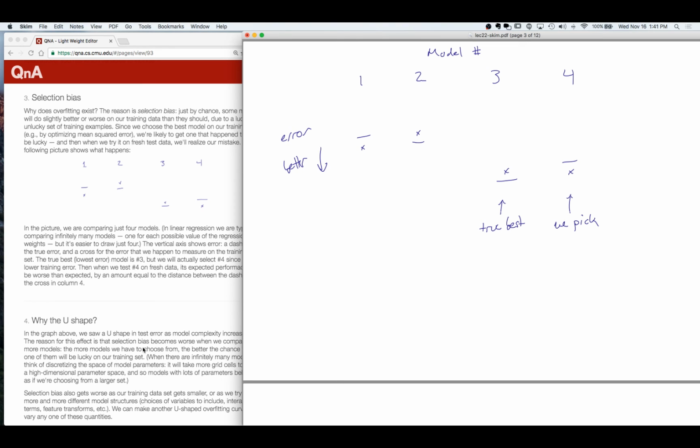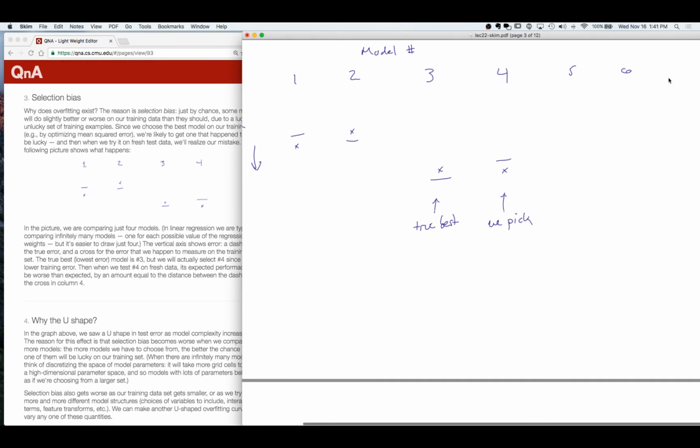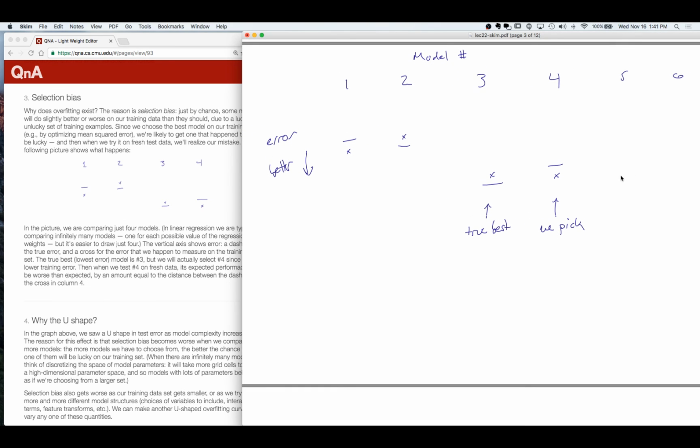The next question is, why do you get the U-shaped curve? And the answer is because selection bias gets worse and worse as you get more and more models to choose from. So if we had models 5 and 6 and so forth, maybe model 5 is also not the best, but it happens to get a slightly larger error.